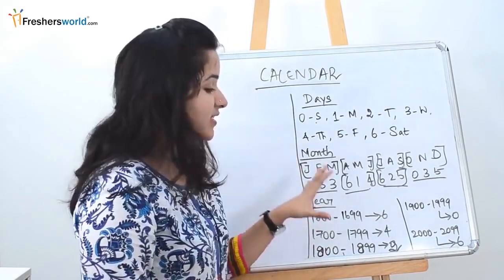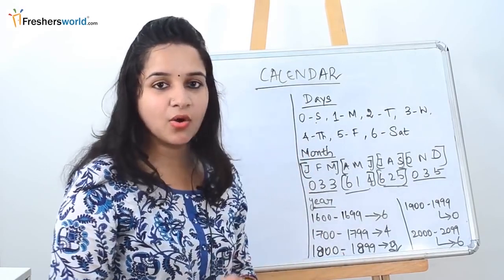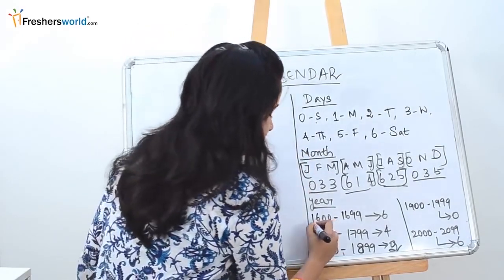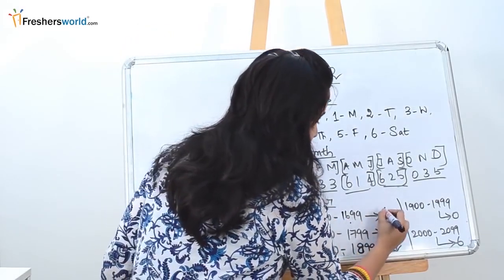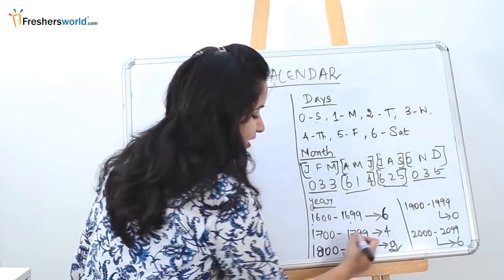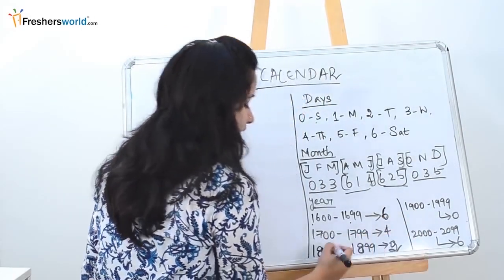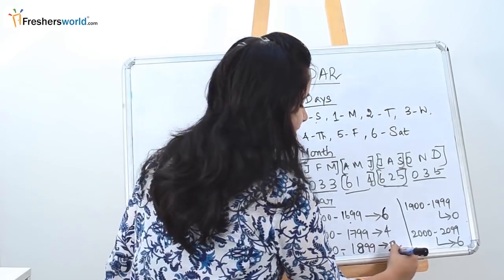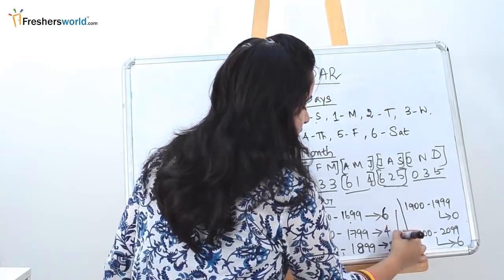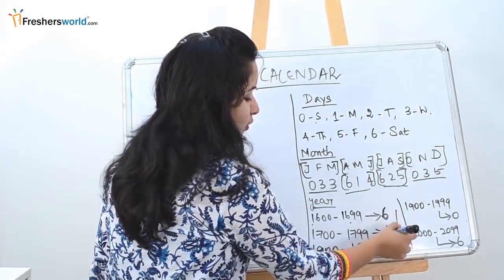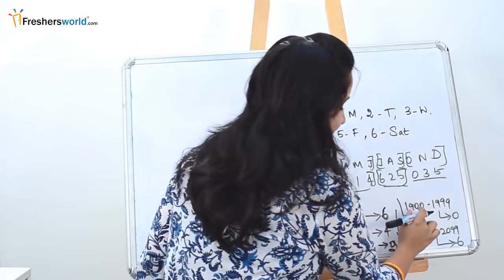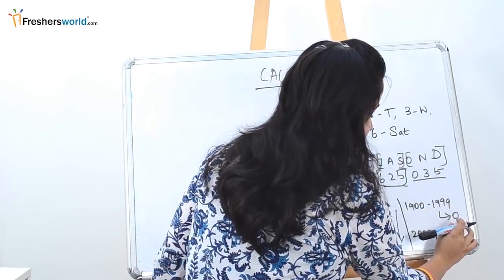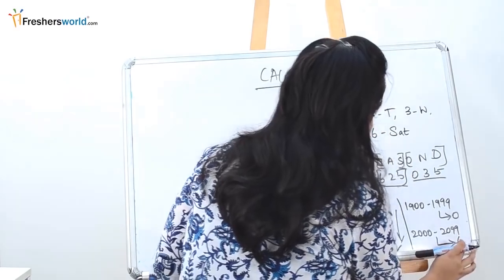Then for the year, these are the various years that they generally ask in all types of questions. From 1600 to 1699 we code it as 6. From 1700 to 1799 we code it as 4. 1800 to 1899 code it as 2. How to remember this? Go in descending order: 6, 4, 2. For 1900 to 1999 it is 0, and 2000 to 2099 it is 6.